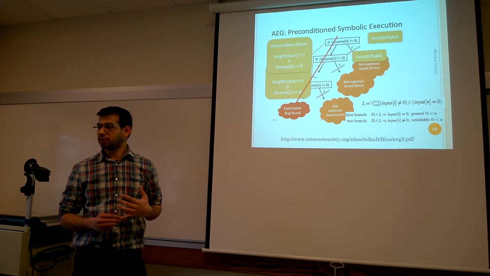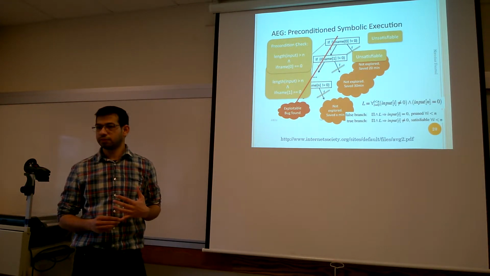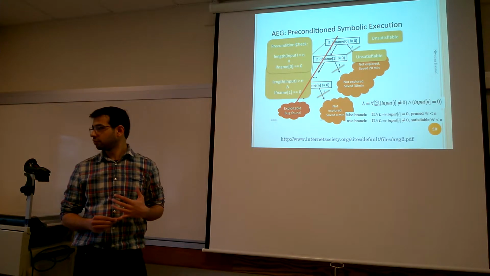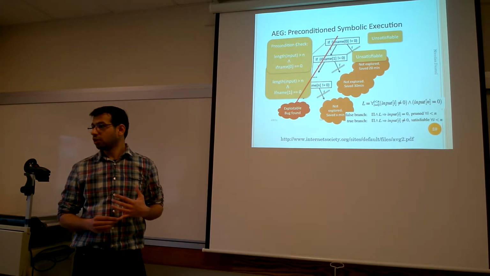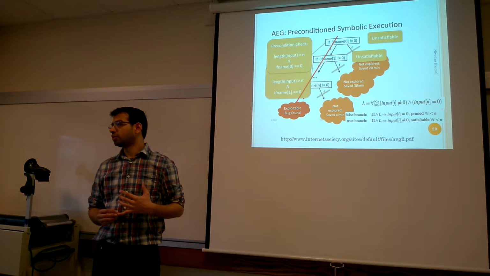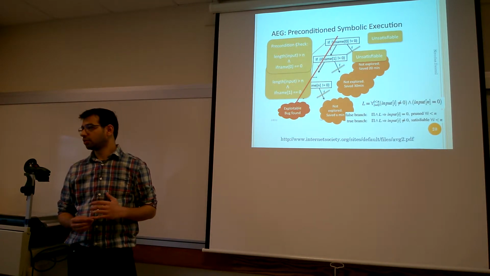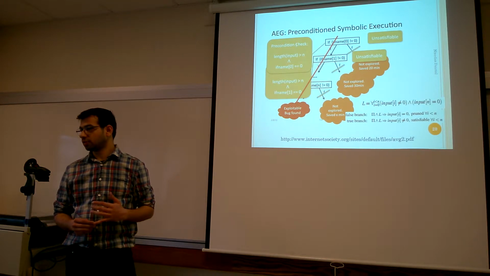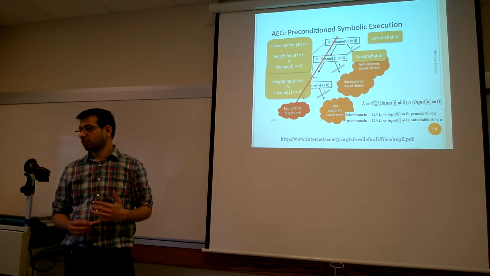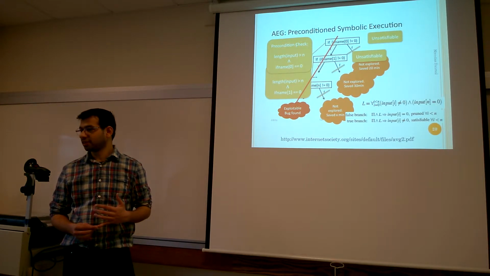That preconditioning formula, saying the input must be at least this big, tells us that the branch is unsatisfiable. And the precondition is user input. I would separate this between user input and attacker inputs. It is an input for the attack derivation program, not for the underlying program being attacked. Yes, it's an input for AEG, automatic exploit generation.